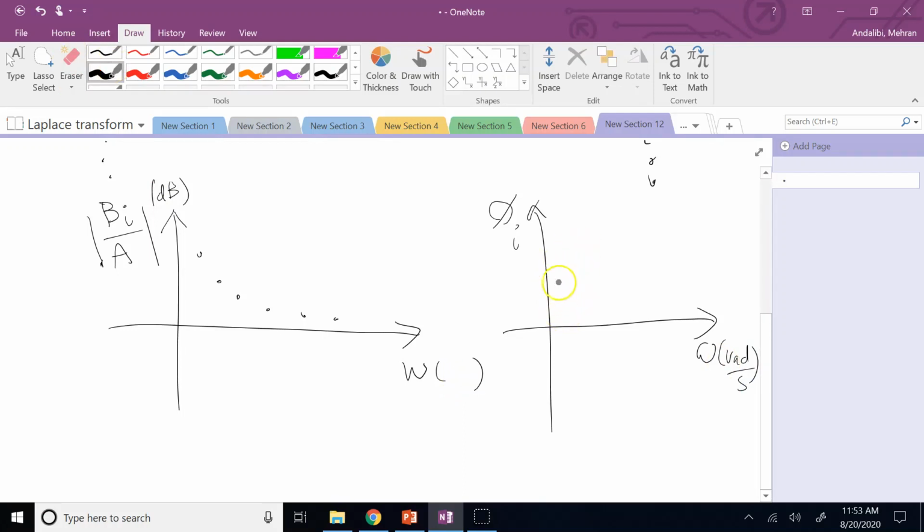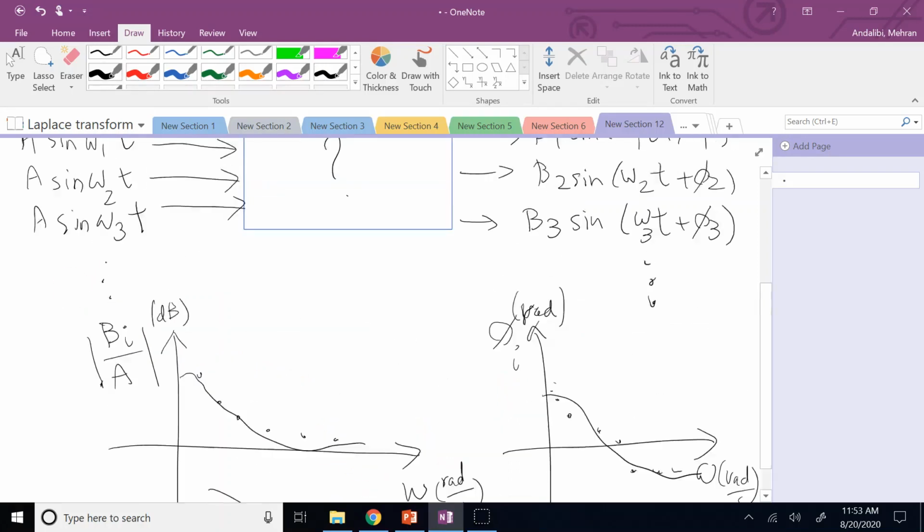And again, here you get some plots, right? And then this is also in radian. And based on these two graphs, you can infer what your G of s is going to look like.